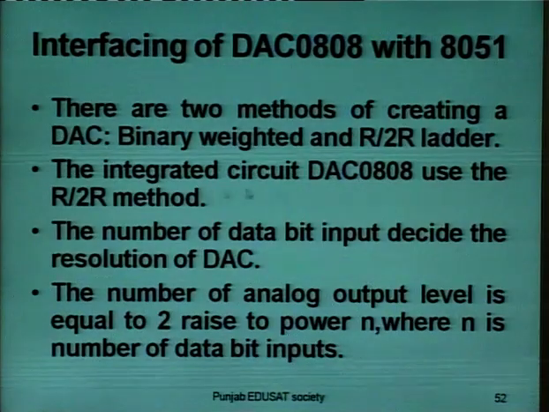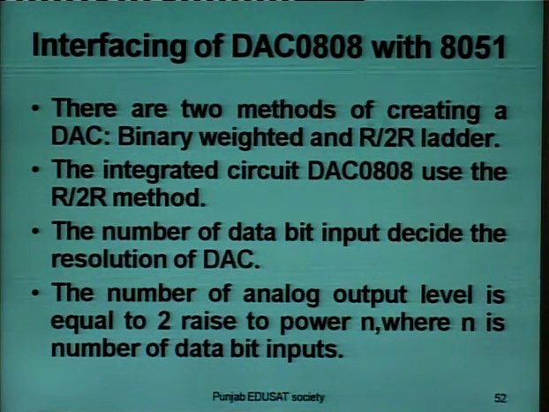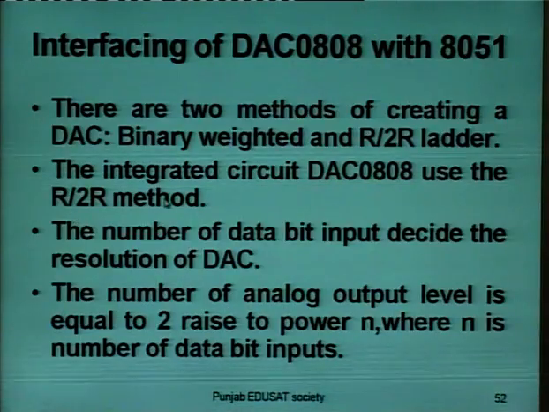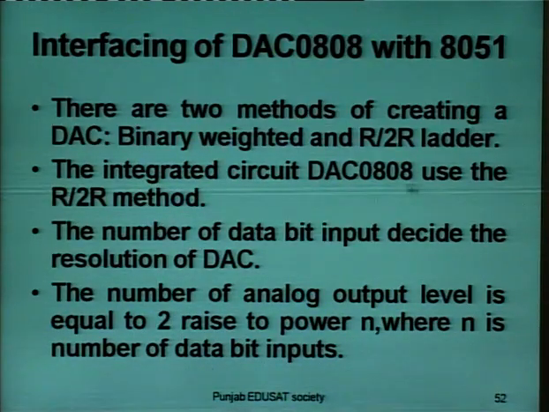Next, interfacing of the digital to analog converter DAC 0808 with 8051. There are two methods of creating a DAC, binary weighted and R to 2R ladder. The integrated circuit DAC 0808 uses the R to 2R method.